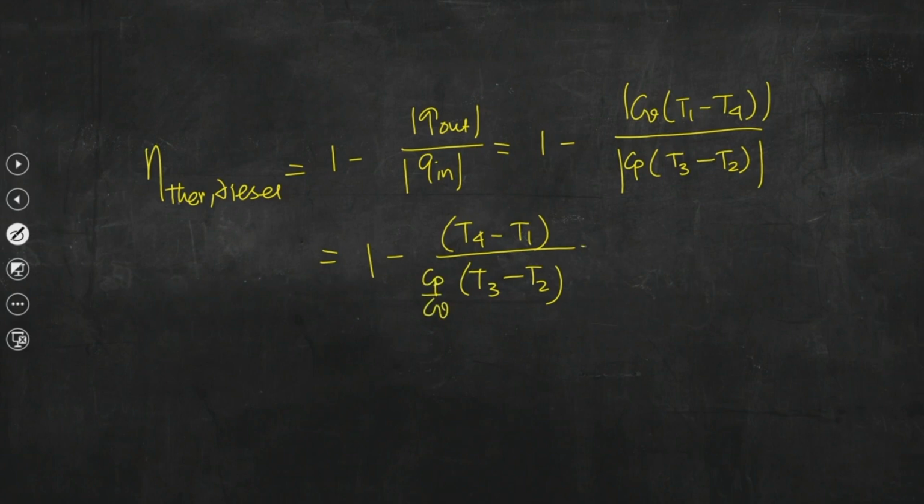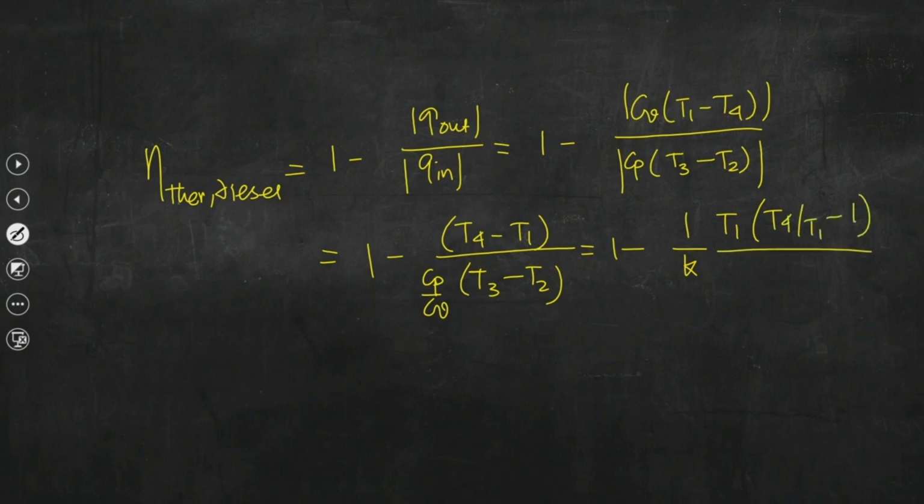So, we can write 1 minus 1 upon k, and if I take T1 outside, T4 by T1 minus 1, and if we take T2 outside, T3 by T2 minus 1. What is T3 by T2?